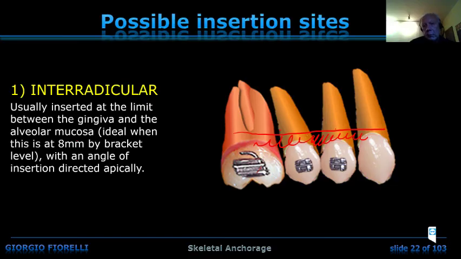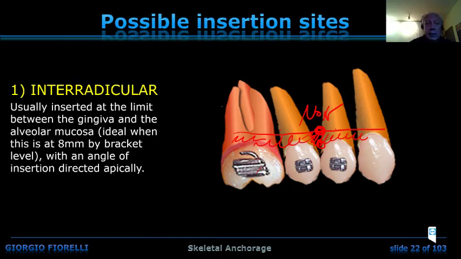So this is not the same for all patients. It's not the same for all teeth. But if I have the gingiva up to here and this side is non-keratinized, I will need to place the TAD at this level. I cannot go up here, and it doesn't make sense to put it here. So I have a very good guide on where to place the head of my TAD.